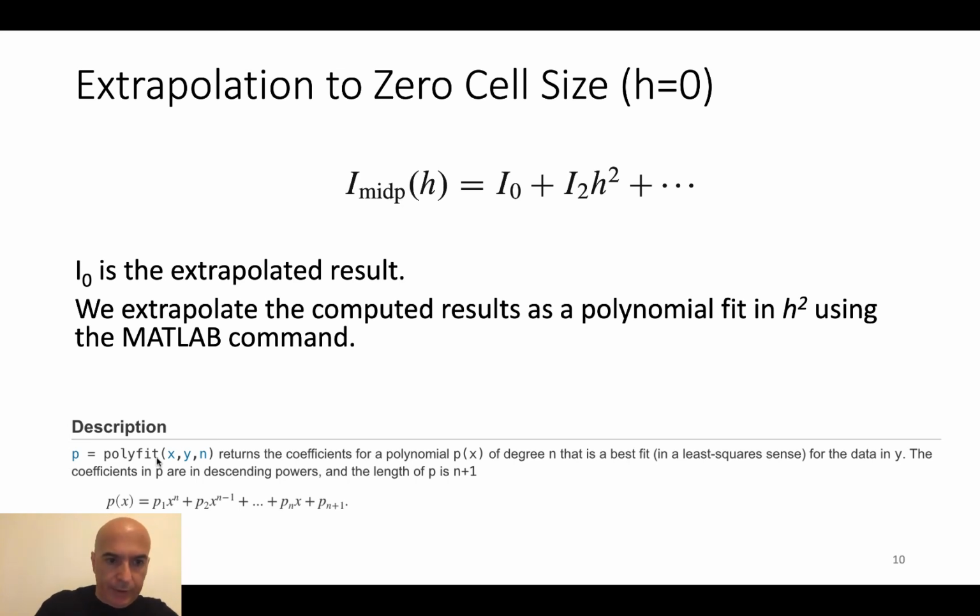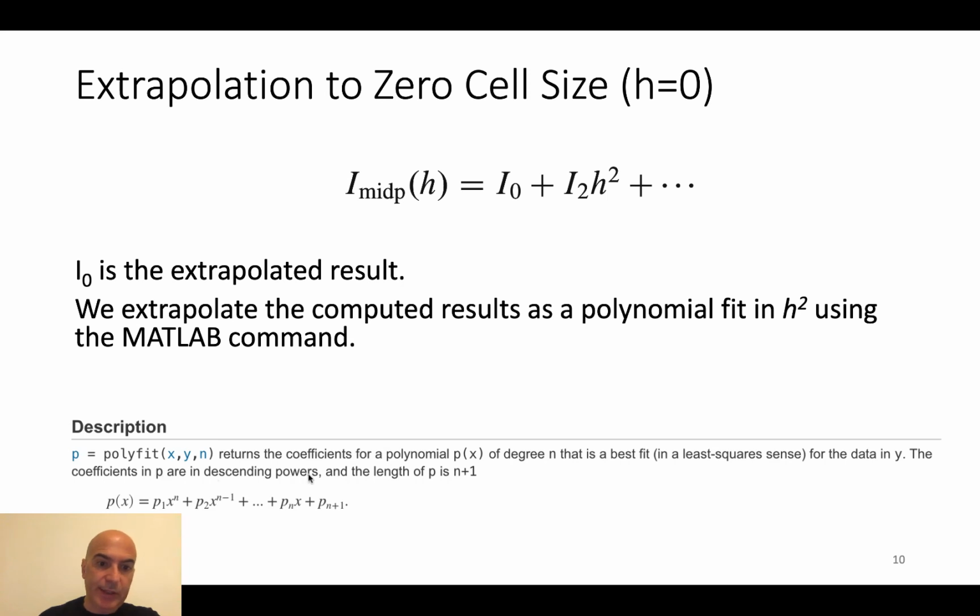The command polyfit works as follows. It returns the coefficients for a polynomial p(x) of degree n that is the best fit in the least squares sense for the data in y. So our data in y is going to be the potential that we calculated, and x is going to be our h squared. Important thing to remember: the results of polyfit are the coefficients.